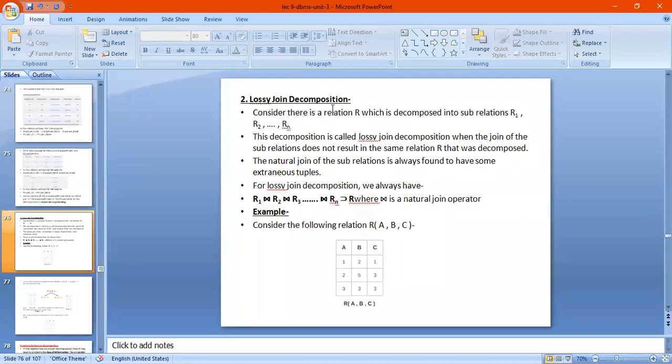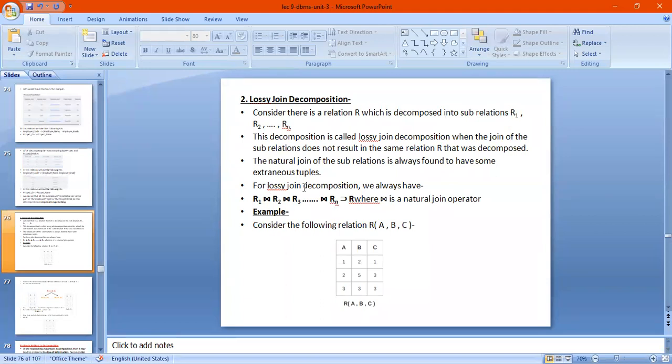Lossy join decomposition. Consider there is a relation R which is decomposed into sub-relations R1, R2, up to Rn. This decomposition is called lossy join decomposition when the join of the sub-relations does not result in the same relation R that was decomposed. The natural join of the sub-relations is always found to have some extraneous tuples.